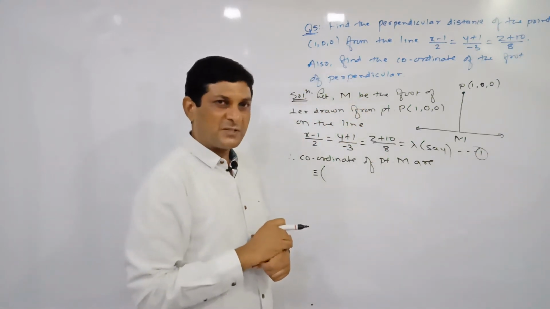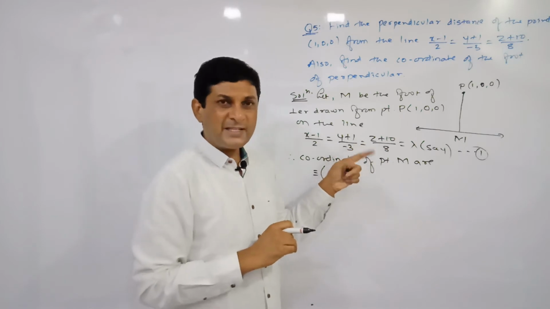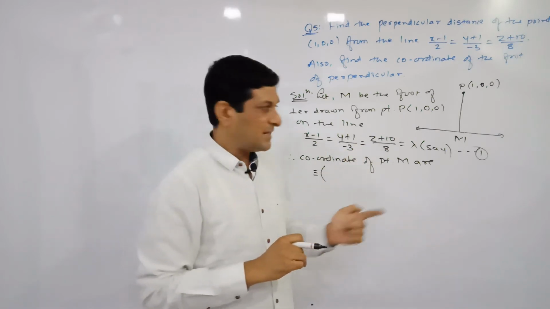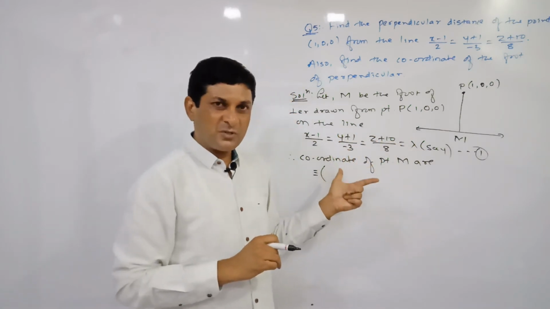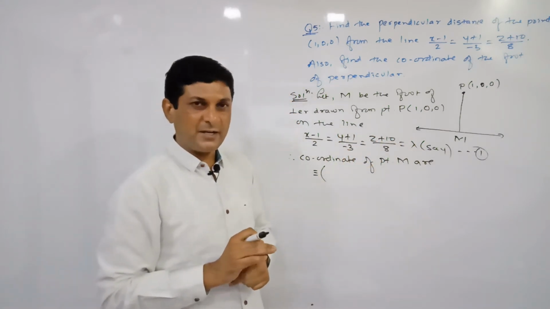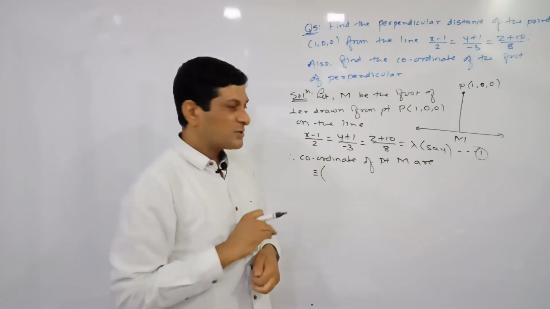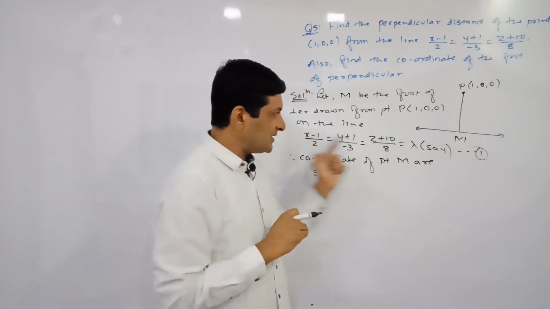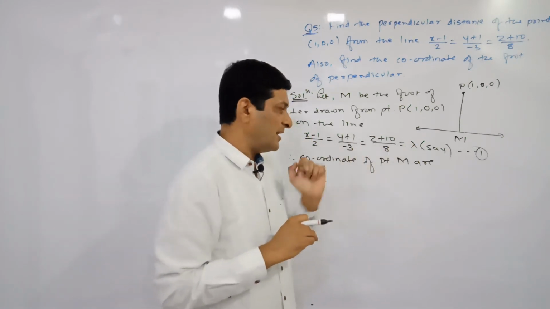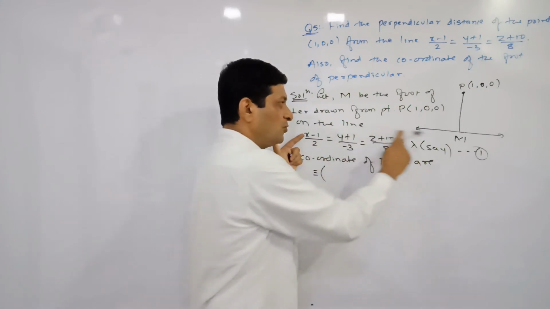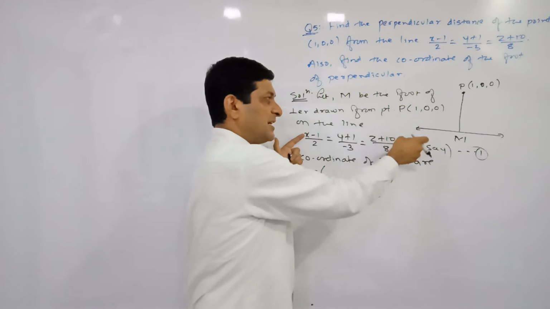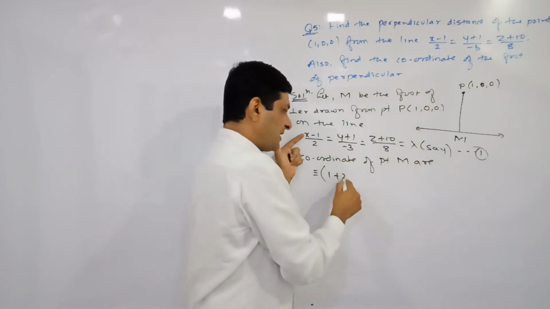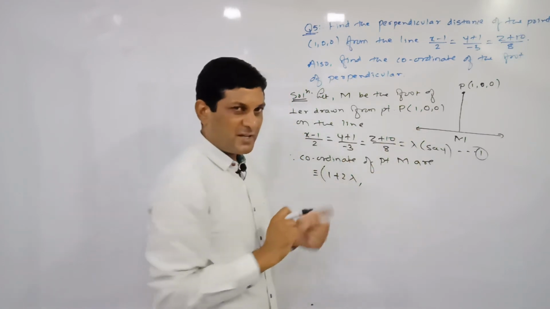Now from this, what is xyz here? XYZ are the coordinates of any point on the line, and M is also a point on the same line. So from the equation of the line we are trying to find out the coordinate of point M. To find the x coordinate, consider that these two values are equal. 2 will get multiplied on this side, means 2 lambda, and minus 1 on this side will become plus 1, so 1 plus 2 lambda will be the value of the x coordinate.